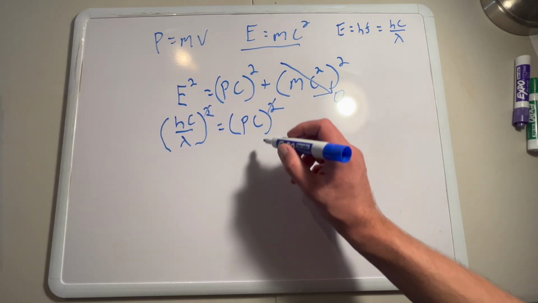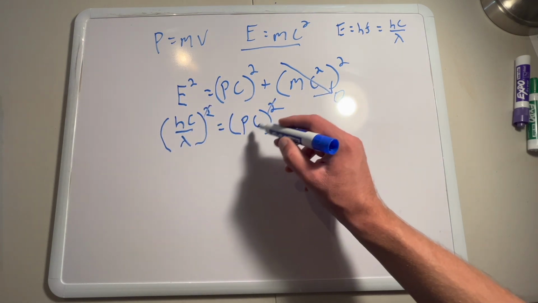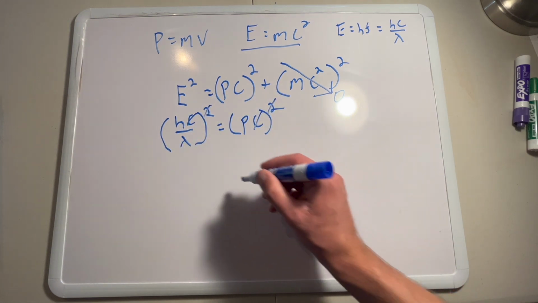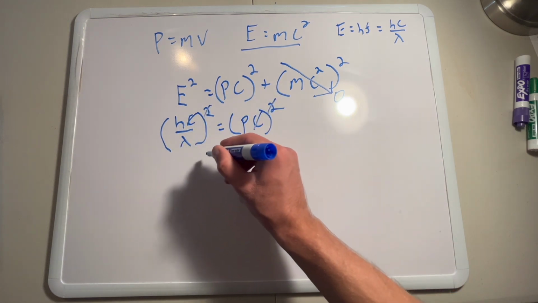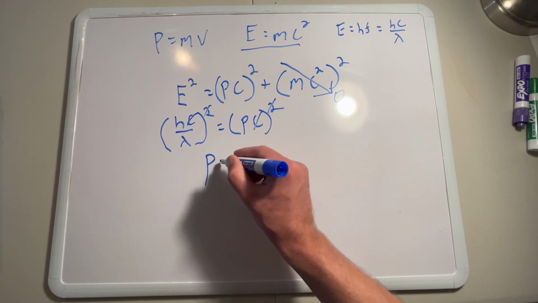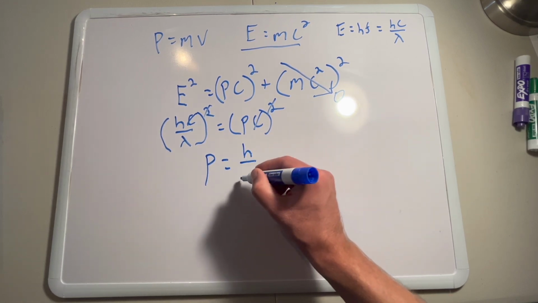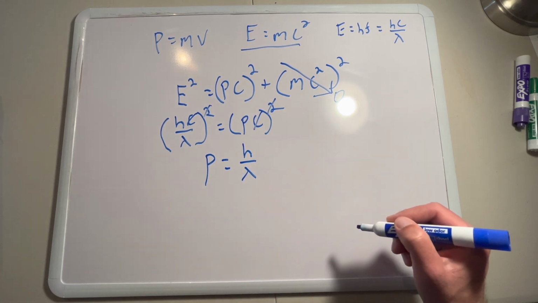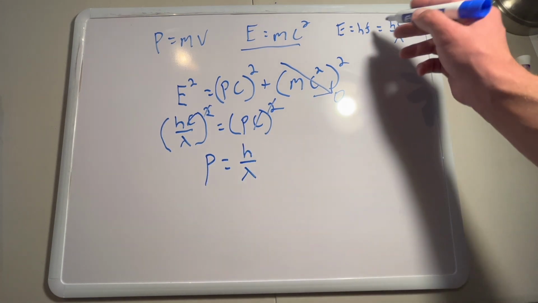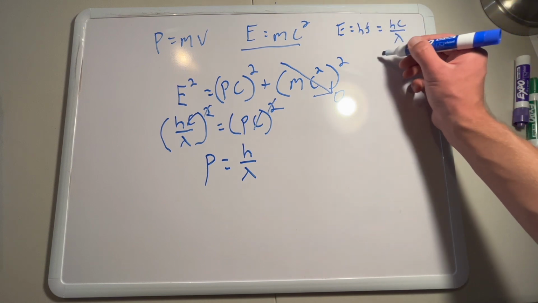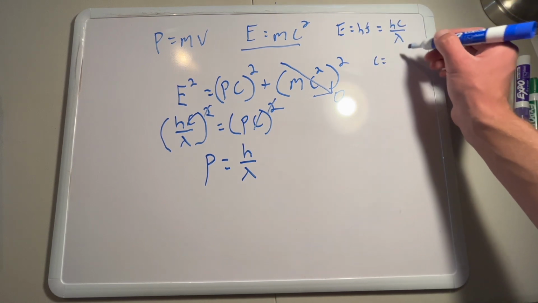You can also divide by c after that, so those go away. And then you get our momentum for a photon is simply h over lambda. And you could also, again, switch out lambda there with frequency, using the relation we talked about.